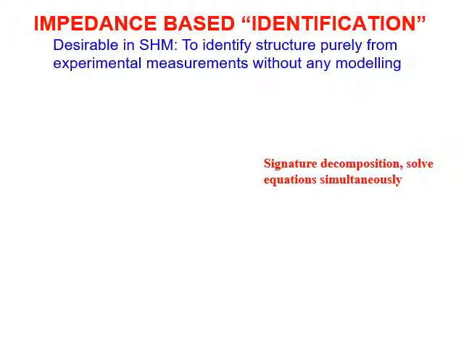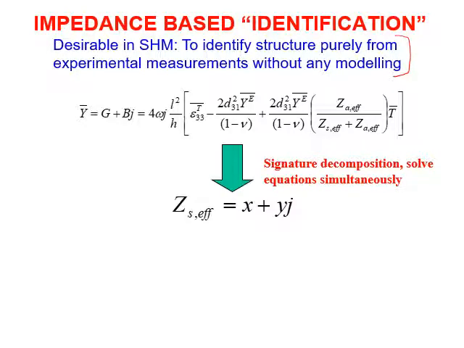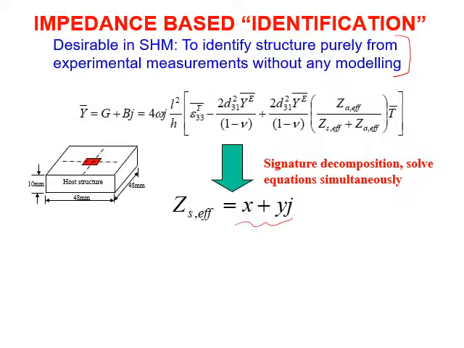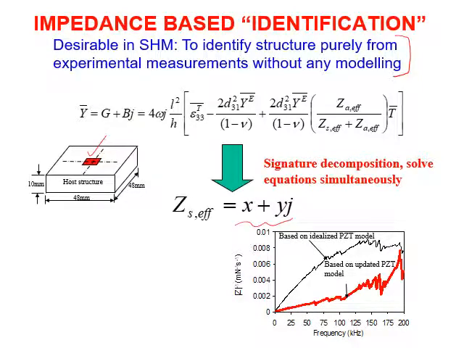So basically, why is impedance based identification needed? It is desirable in structural health monitoring so that we identify the structure purely from experimental measurements without any modeling. So we make use of the 2D impedance equation and solve it to get X and Y. For example, for this kind of structure, this was a block of aluminium with a PIEZO patch bonded, and by using the impedance based identification we could get the impedance Z derived.